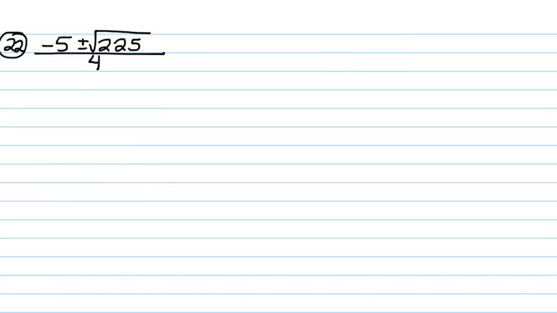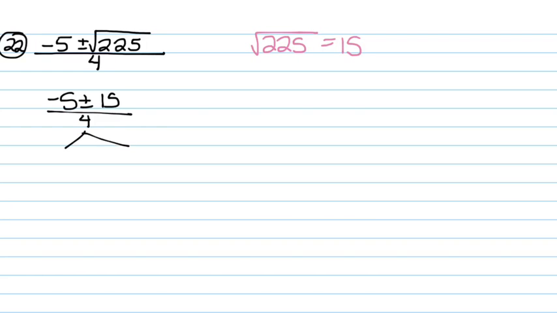This next one, again, like I've said before, try taking the square root. This is one of the times where taking the square root was nice. It gave us a number. And so I have -5 plus or minus 15 divided by 4. And so I need to find the two different numbers, -5 plus 15 divided by 4, and -5 minus 15 divided by 4.